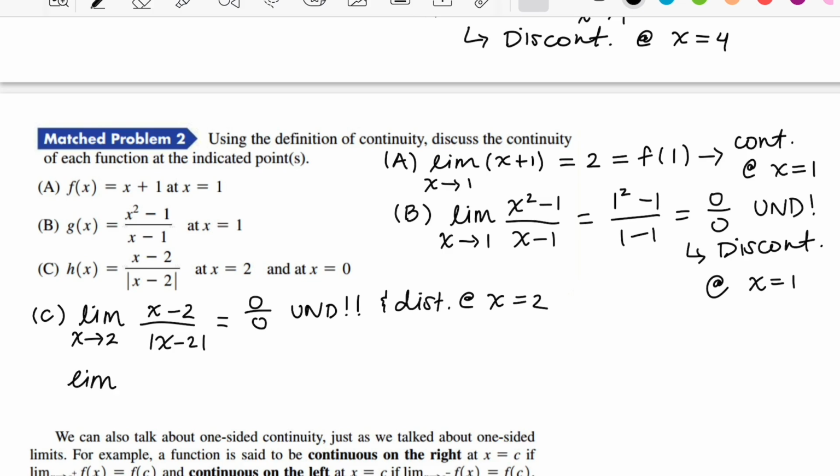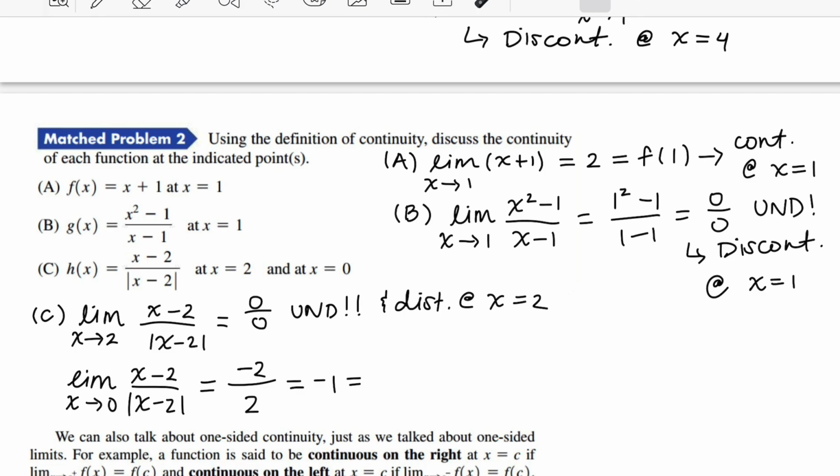Now let's look at the limit of our function as x gets closer and closer to 0. So plugging this into our function, we get negative 2 on the top and 2 on the bottom because we have our absolute values. This is equal to negative 1. Now notice, we're looking at x equals 0.